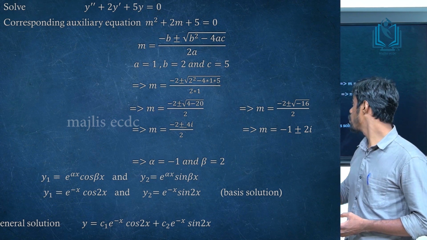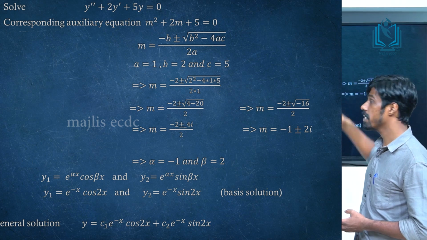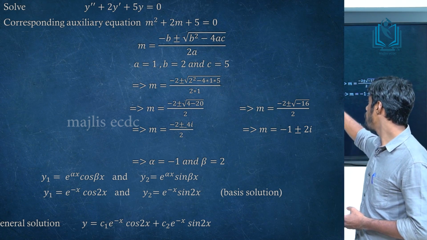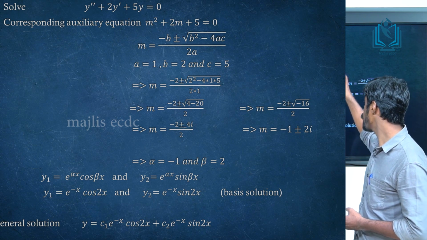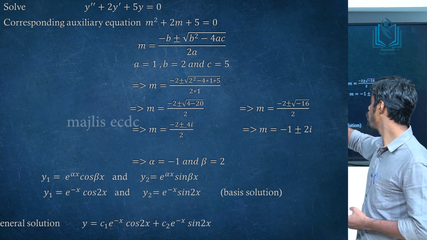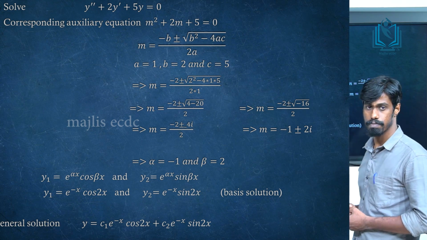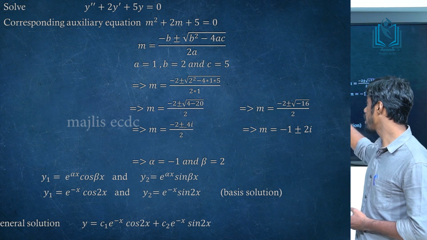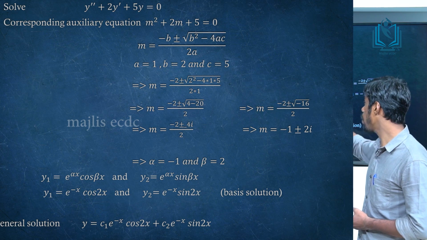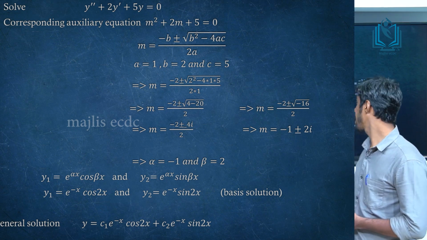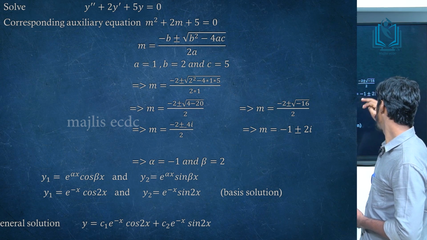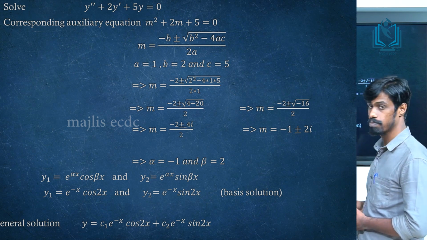Substituting these values a, b, c in this equation, we get m is equal to minus 2 plus or minus root of 2 square minus 4 into 1 into 5 all divided by 2 into 1. Then m is equal to minus 2 plus or minus root of 4 minus 20 all divided by 2. That implies m is equal to minus 2 plus or minus root of minus 16 all divided by 2.